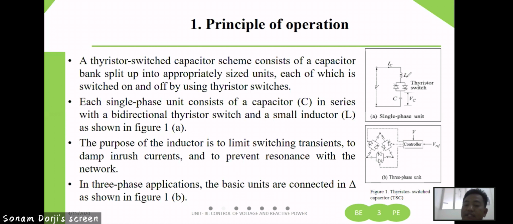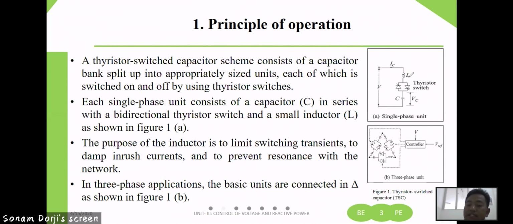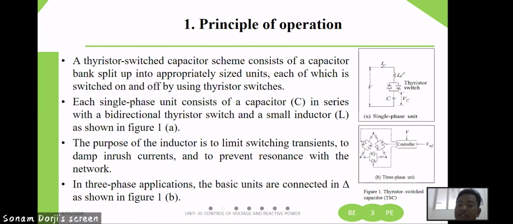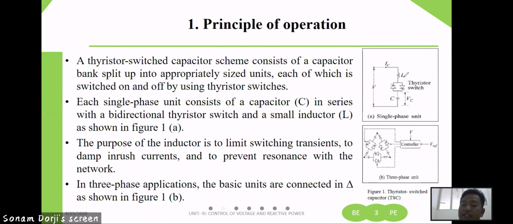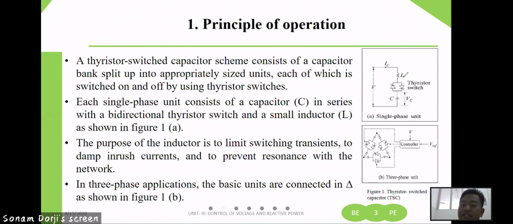When you switch on, you immediately get a high current, known as inrush current. To prevent that, this inductor is connected in series with the bidirectional switch, that is the thyristor, as shown in figure 1A. This is the purpose of the inductor in the TSC.